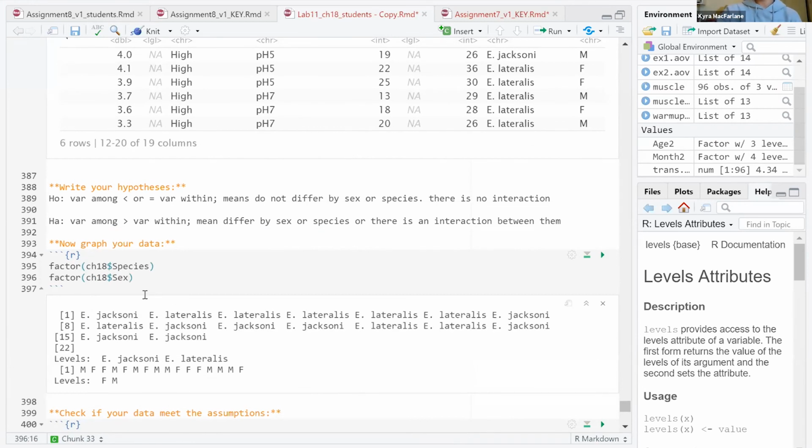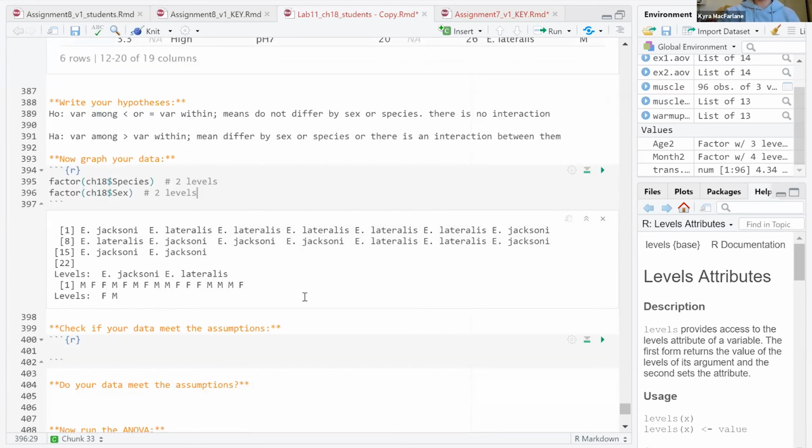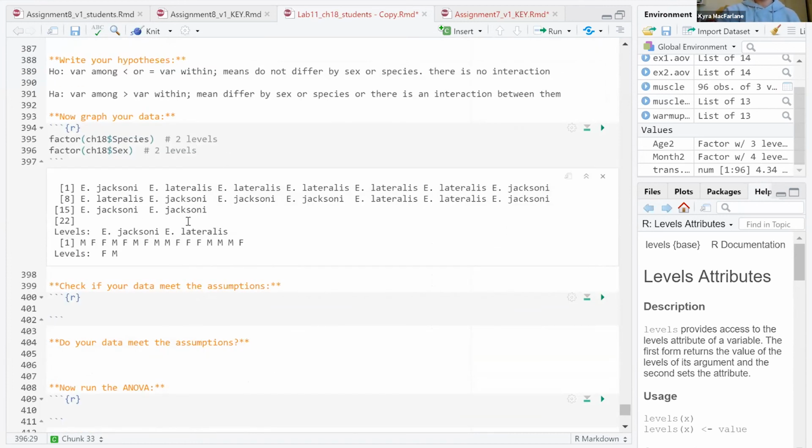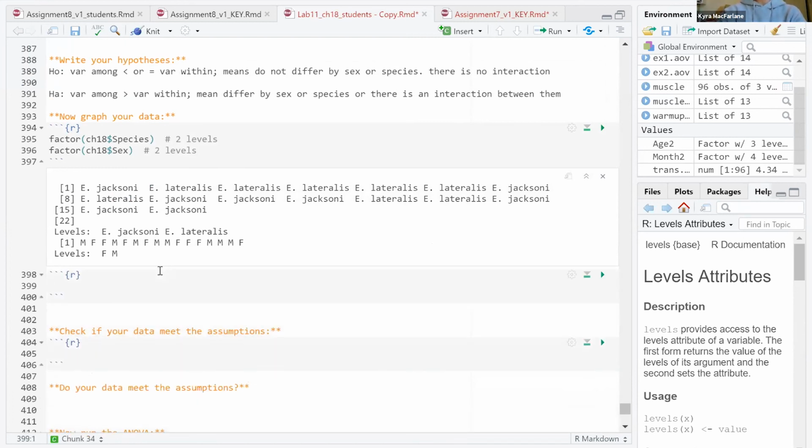It looks like there are 2 levels for both of them, and neither of them have a specific order, right? One fish doesn't come before another, male doesn't come before female, or the other way around. So we're just going to ignore that, and we can put them in whichever way we want to.